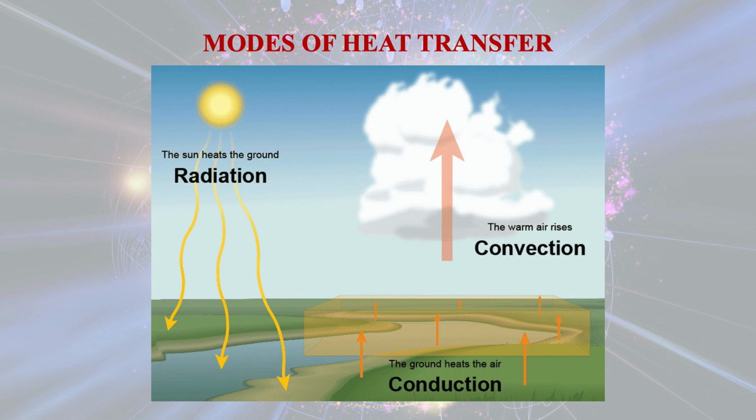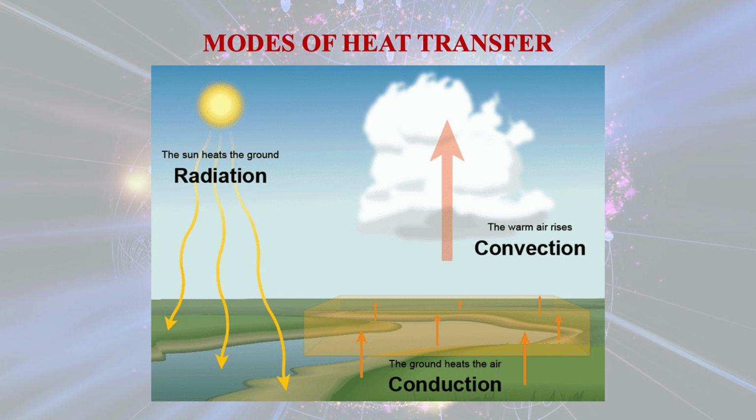And convection, because the air which is in contact with the surface is also getting heated, and the density of the air decreases, so it is going up in the direction, that is due to convection.